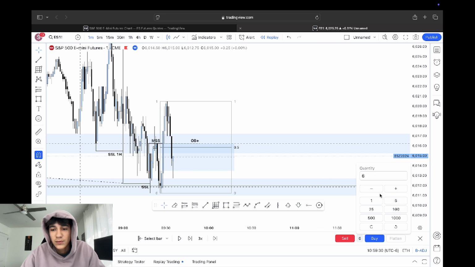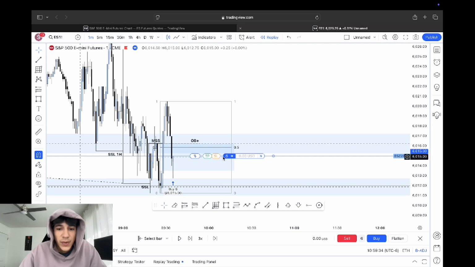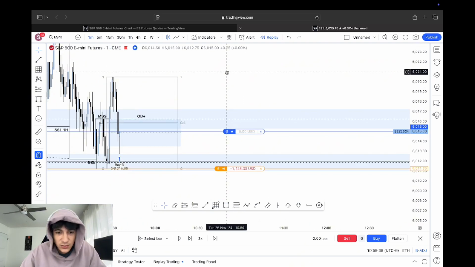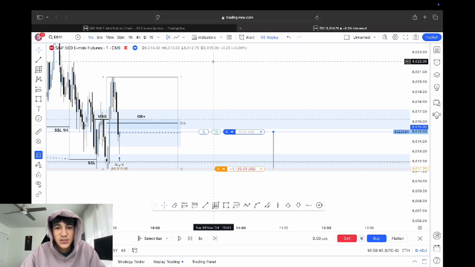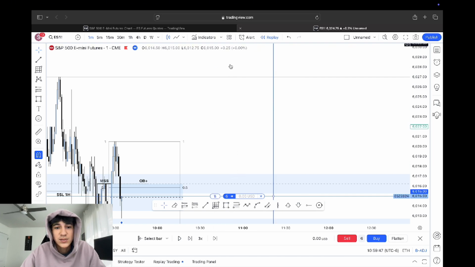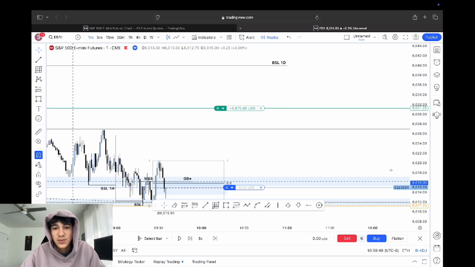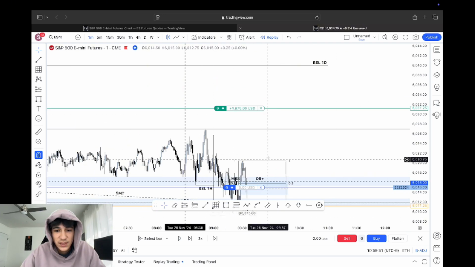Let's see, we'll just do even number 6. Buy here, stop loss at this low, or you could do this BPR, it really doesn't matter. I'm just going to do the zone. And then, like I was saying, I had 2 TPs at the beginning.